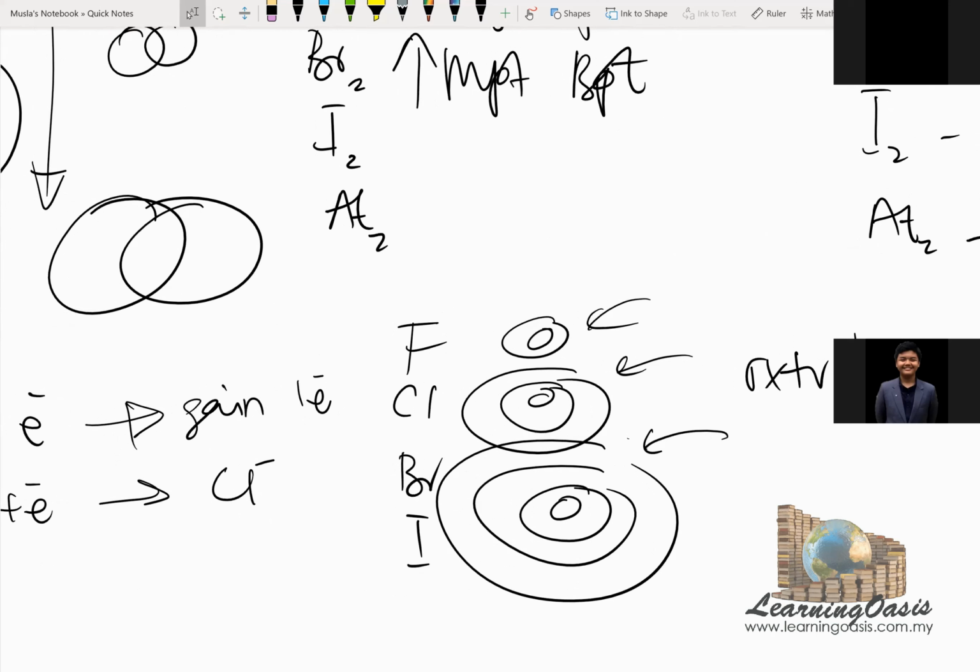Which one is the most reducing of all group 1? Francium. The strongest reducing agent is francium. The strongest oxidizing agent is fluorine. You understand that? Those of you who have done redox, try to play it in your mind so that you can see the big picture.